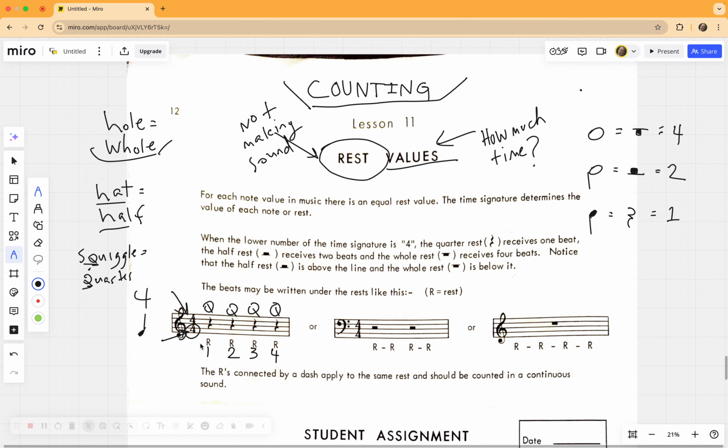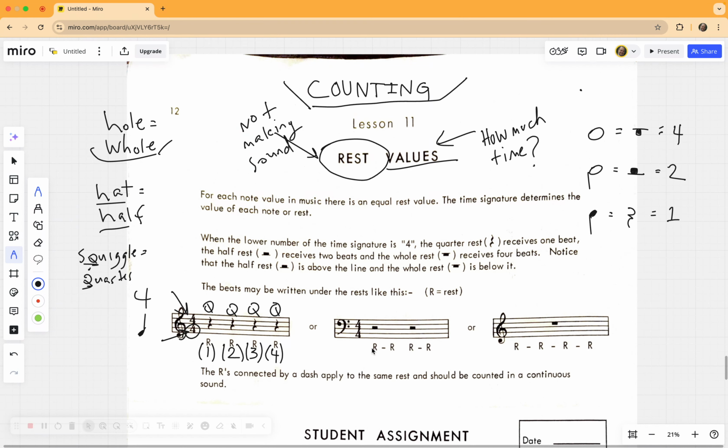So here it is. When you're playing quarter, quarter, quarter, quarter, and they're all rests, you're still counting 1, 2, 3, 4. So what I like to do is put parentheses around the note when it's an important count, but you don't play anything. Look at this rest. There's the line, and there's the little hat coming off.